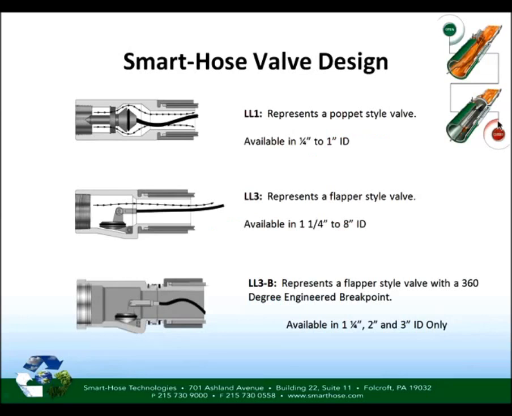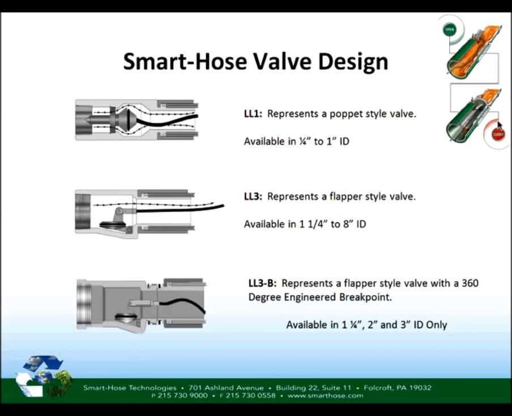Our smart hose valve designs. We have two different valve designs, with the third being a small subsection variation of the LO3. The first one is our LO1. This is a poppet-style valve, a plunger-style valve, and that is available in our 1/4 inch to 1 inch in diameter, mostly our high-pressure cylinder filling applications. Our LO3 design is a flapper-style valve, and that's available from 1.25 up to 8 inches.